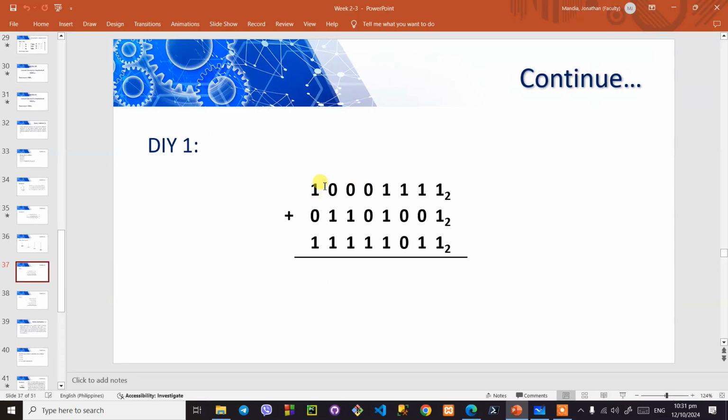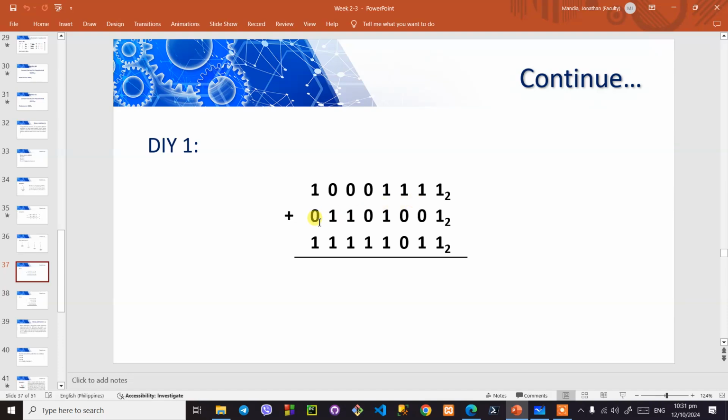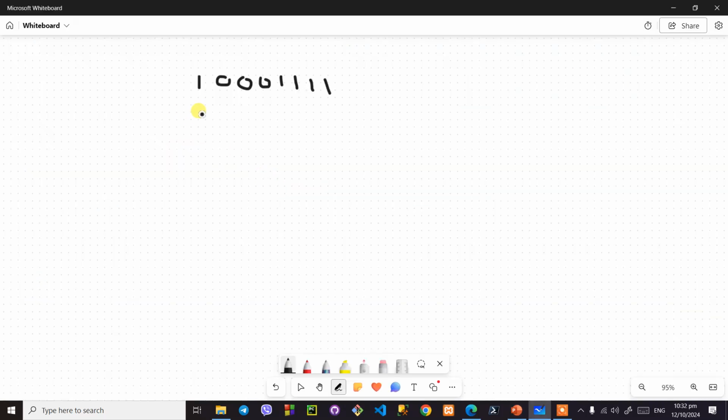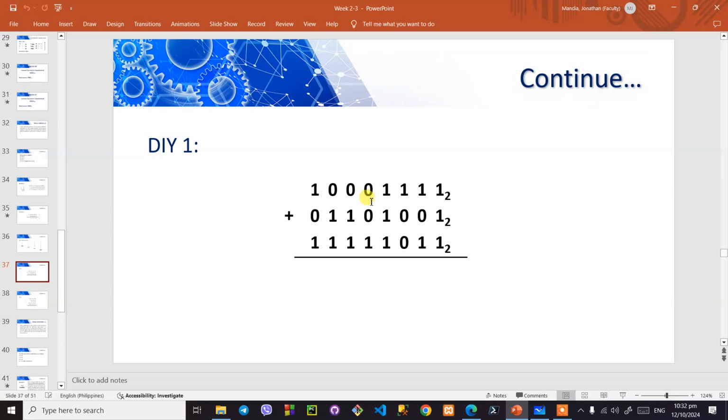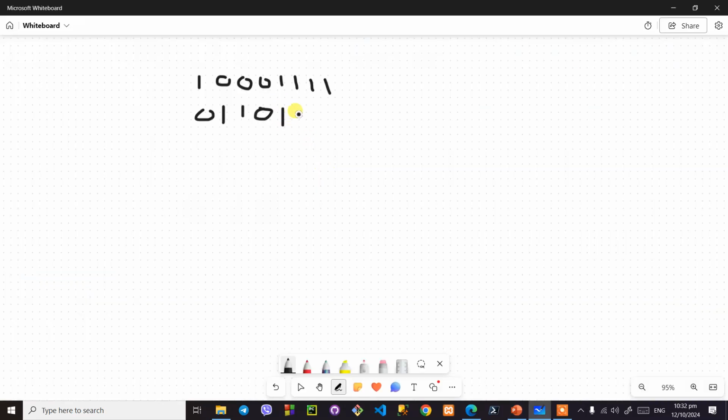So, we have 1, 0, 0, 0, then 1, 2, 3, 4 ones. Next is 0, two 1s, 0, 1. Then 0, then 1, then 1, then 0, then 1, then 2 zeros, then 1.